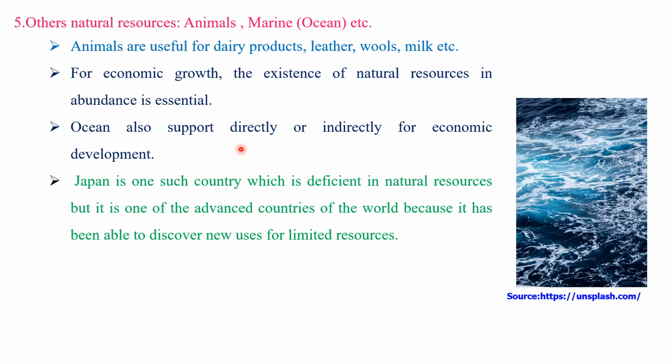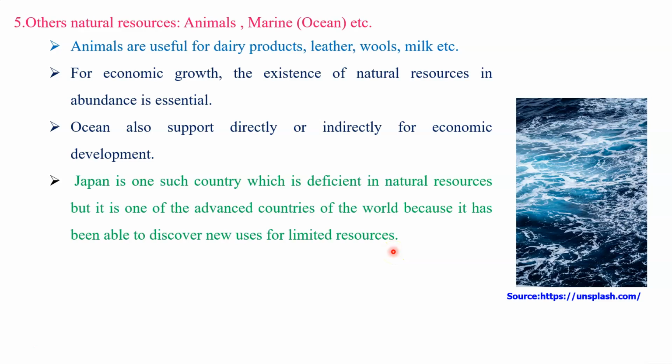Dear students, one important thing I would like to explain here. For example, Japan is one of the countries that is deficient in natural resources. But it is one of the advanced countries of the world because it has been able to discover new uses of limited resources.